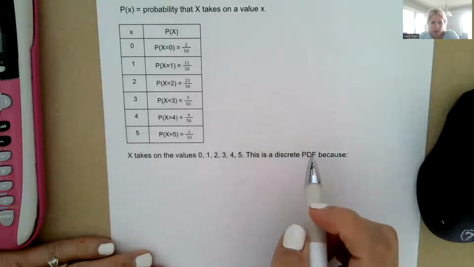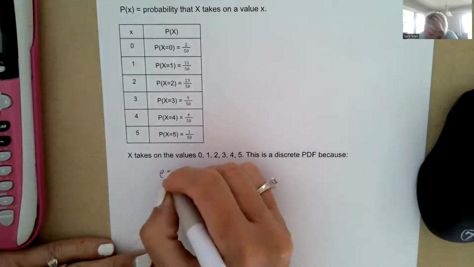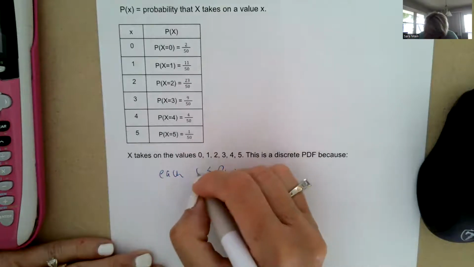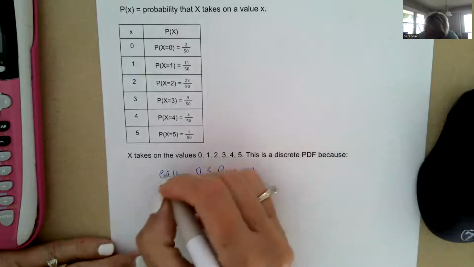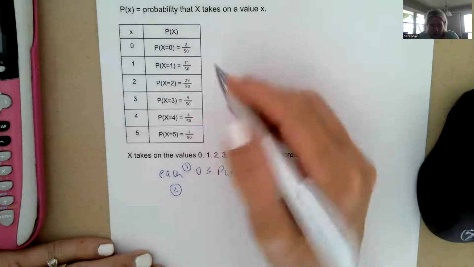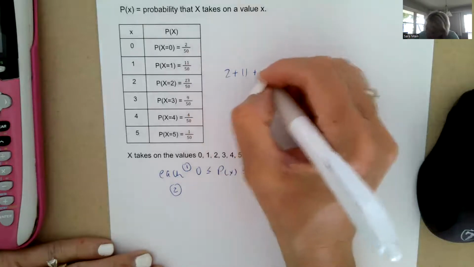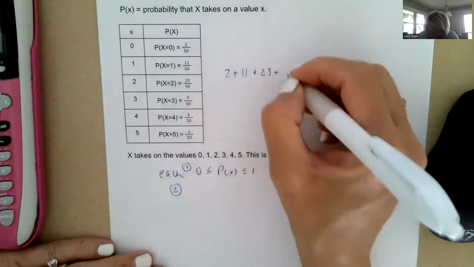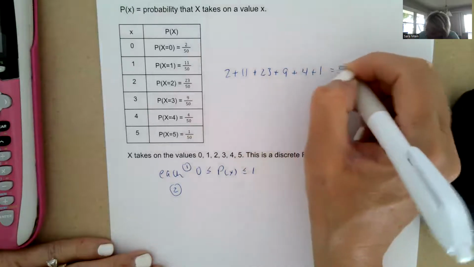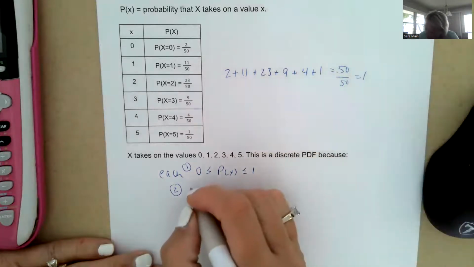This is a discrete PDF because, 1, each P of X is between 0 and 1, and 2, they add up to be 1, because 2 plus 11 plus 23 plus 9 plus 4 plus 1 equals 50 out of 50 or 1.